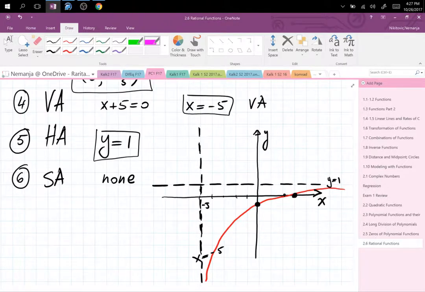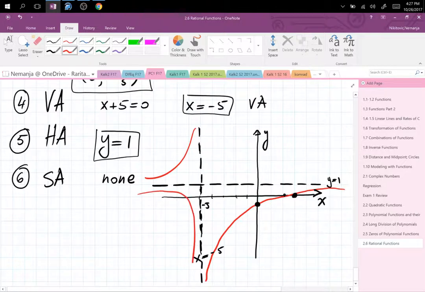Now, we know that they follow asymptotes. The question is, do I draw that piece like this, or do I draw the piece like that? If you think enough about this and you're interested, you would quickly come to the conclusion that the one on the top is the right choice.